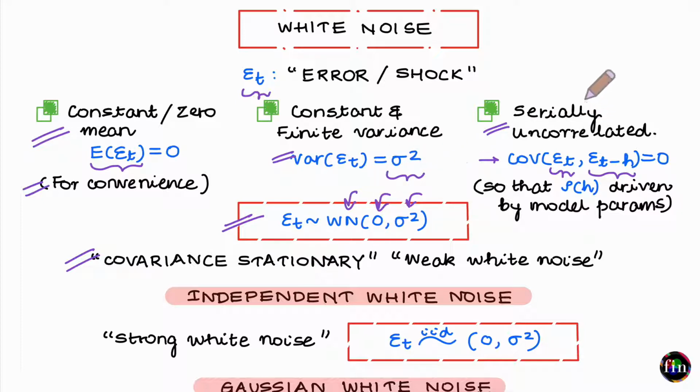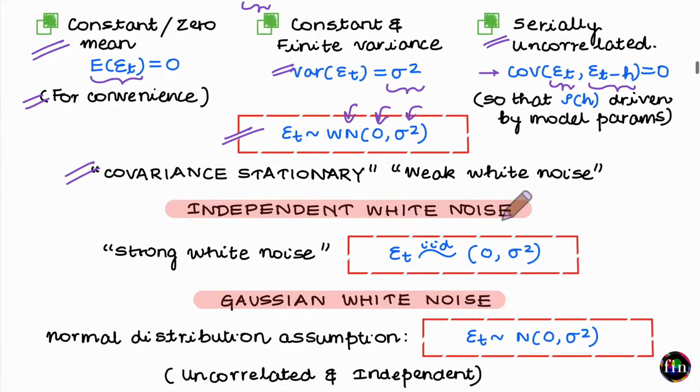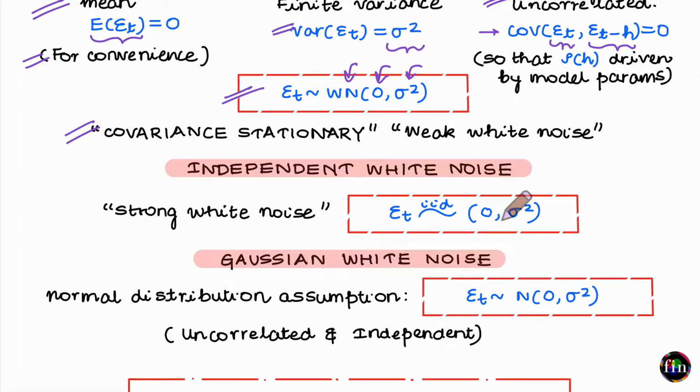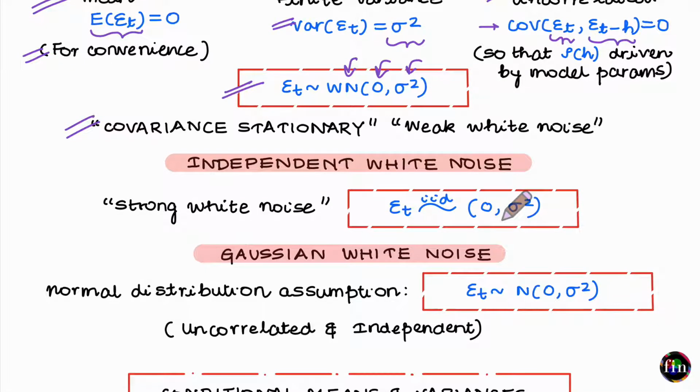Now, when we impose the uncorrelated assumption on white noise, we are basically referring to weak white noise. Why? Because we know that uncorrelatedness is actually a weaker condition as compared to independence, right? So therefore, as an extension of what I have just studied, I can define something called independent white noise.